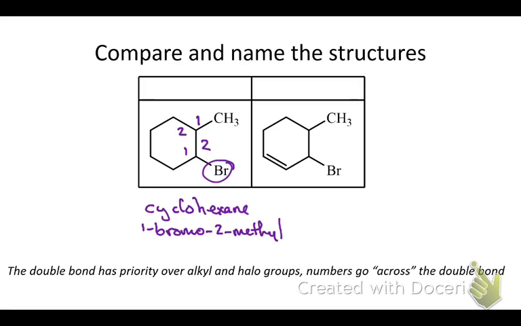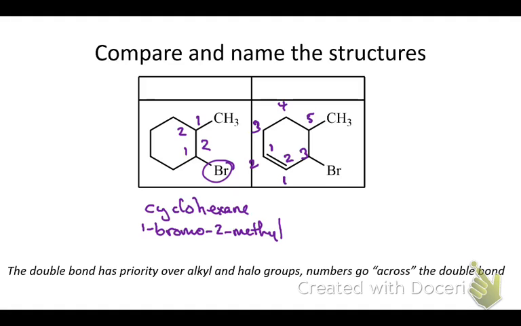So I'm going to number this one. Which way do I number this one, right? This one, the alkene gets the priority. So I'm going to go 1, 2, and I'm going to number across it, right? And 3. Because if I go the other way, 1, 2, 3, 4, 5, that next substituent gets the 5.